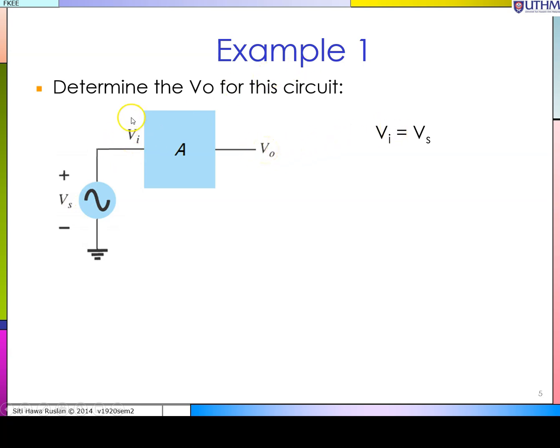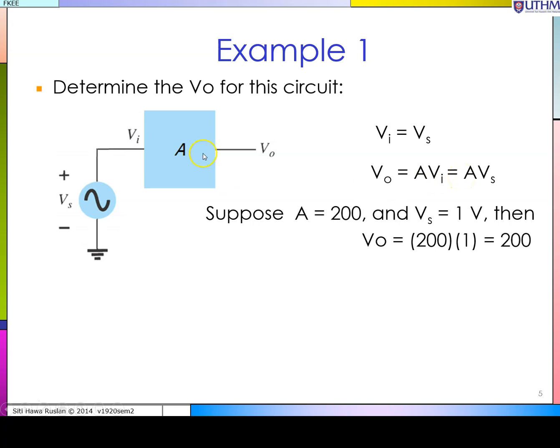My Vo is simply the input, which is Vs, multiplied by A. You amplify the signal, so Vo equals A times Vs. Suppose that your amplifier has a gain of 200 and your Vs is 1 volt. Using this equation, Vo will be the gain 200 multiplied by the input of 1 volt, so you get 200 volts at the output.